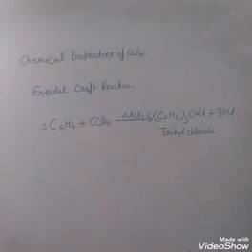Next, the uses of carbon tetrachloride. First, the vapor of carbon tetrachloride is heavier than air and it is non-inflammable. Hence it is used as a fire extinguisher, so it is called pyrene.